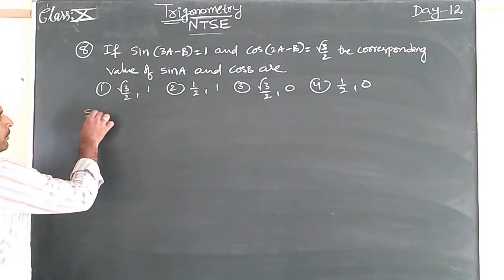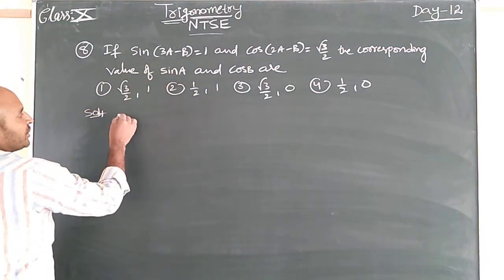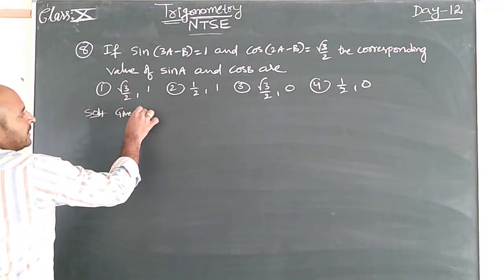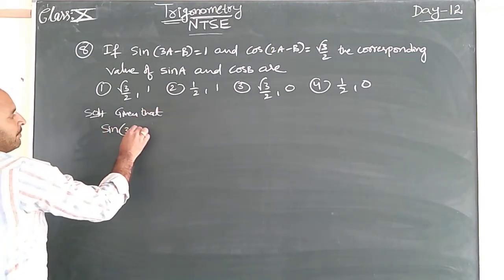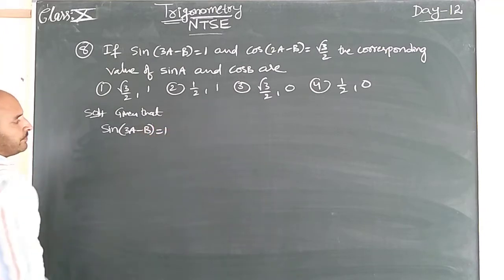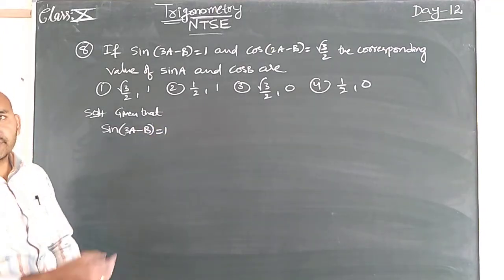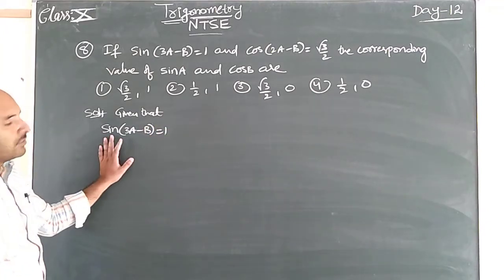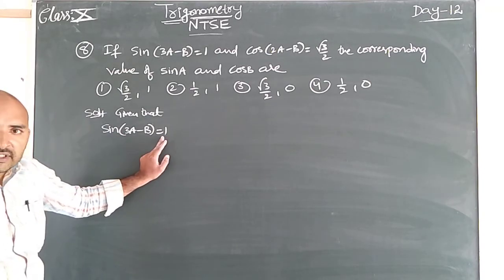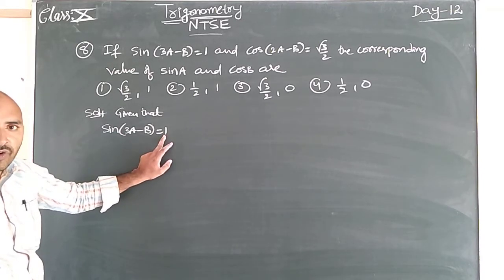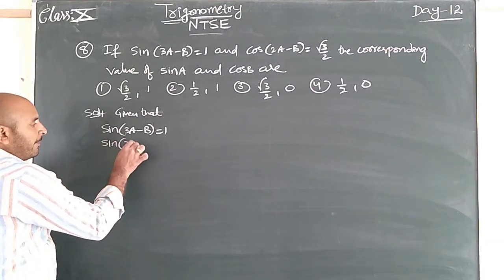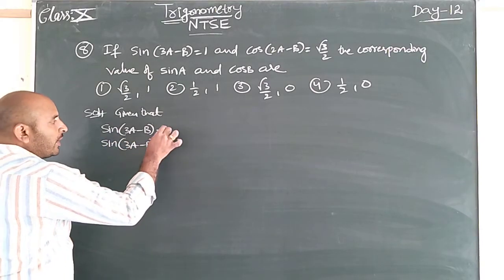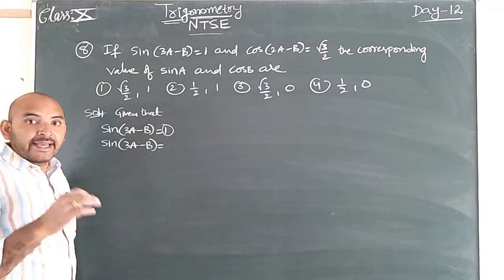According to the problem, take the first condition: sin of (3a minus b) is equal to 1. In this question, the right hand side is given as 1. Can we write that value as a sin angle?